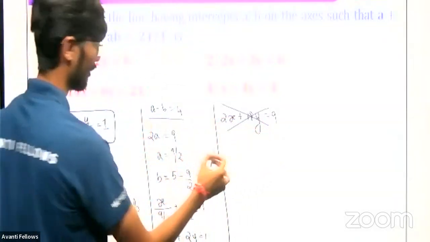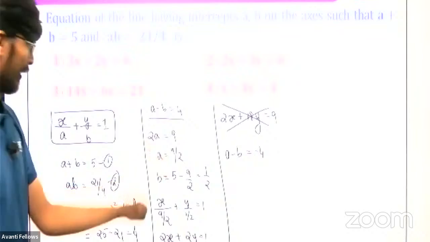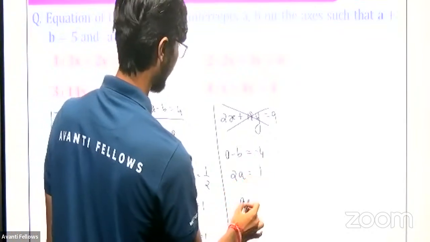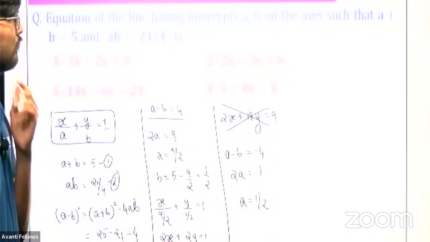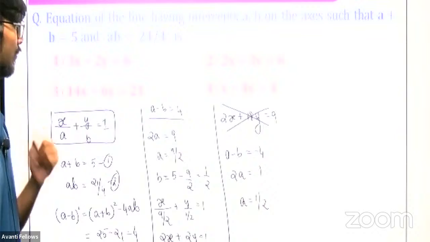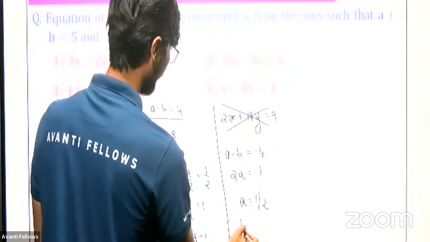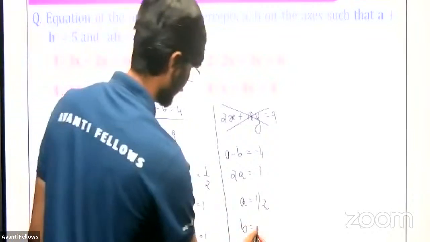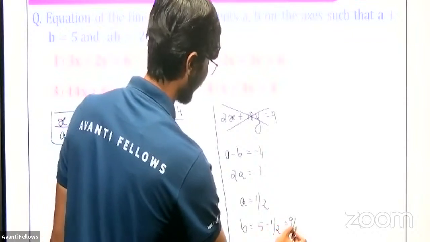So let us do it now for a minus b is equal to minus 4. Again, if I add these two, I'll get 2a is equal to 1 and a is equal to half. Correct? So if a is equal to half, let us get the value of b. b will be equal to 5 minus half, which is equal to 9 by 2.